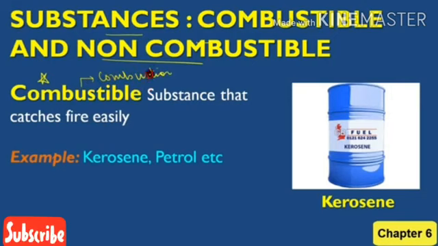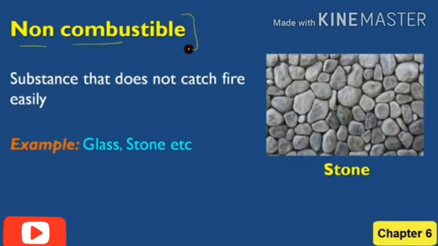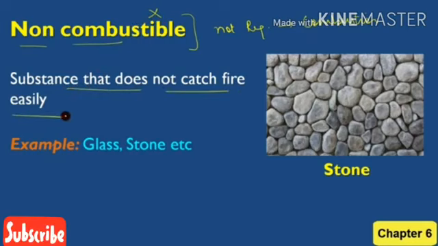These undergo combustion, or you may say they burn with ease. Non-combustible substances are the substances that do not catch fire easily. For example, glass, stone, etc.